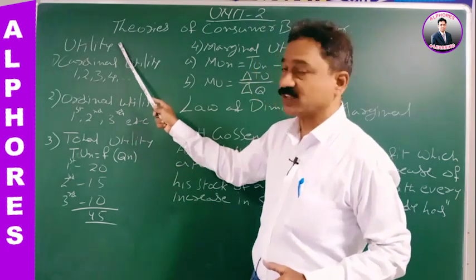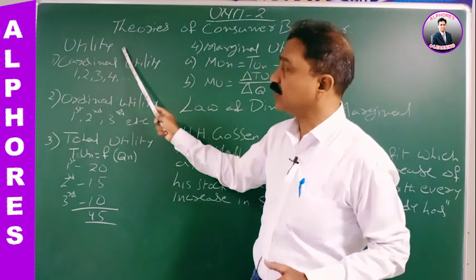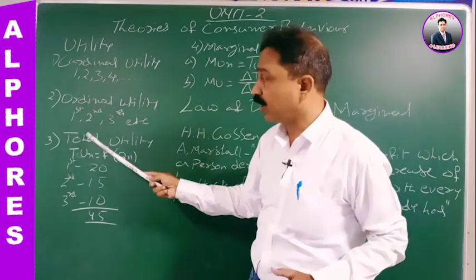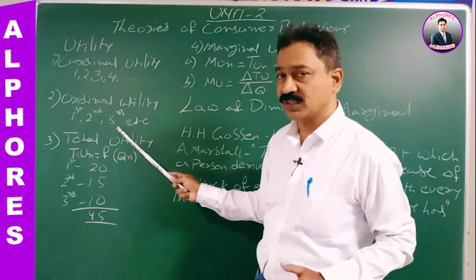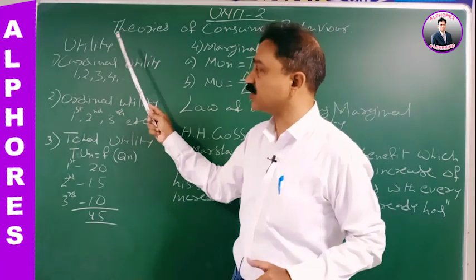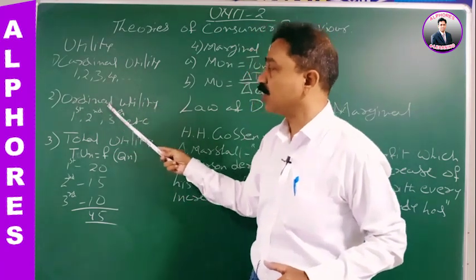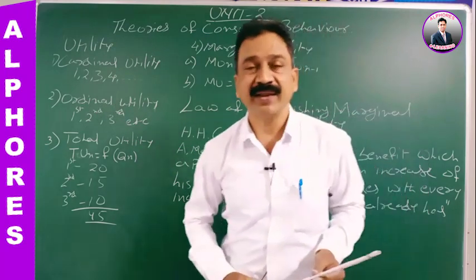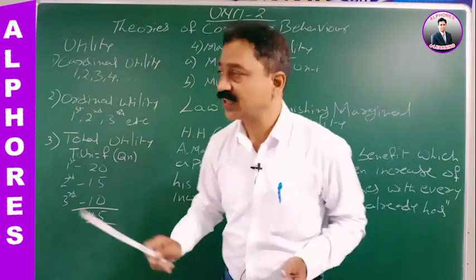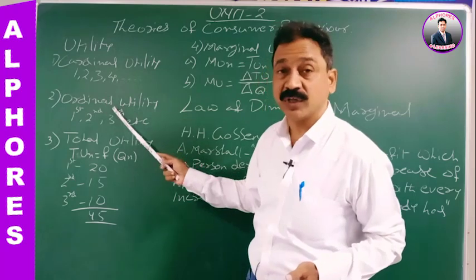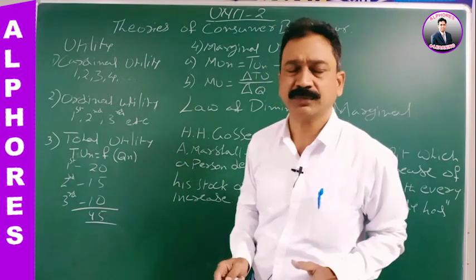If satisfaction from the commodities is measured with the help of ordinal numbers, then that satisfaction measurement is called ordinal utility. Any confusion? So we have seen cardinal utility and ordinal utility. These two are very important.